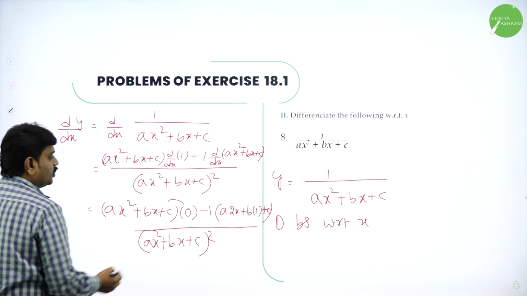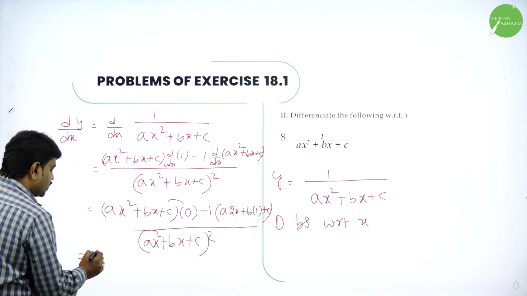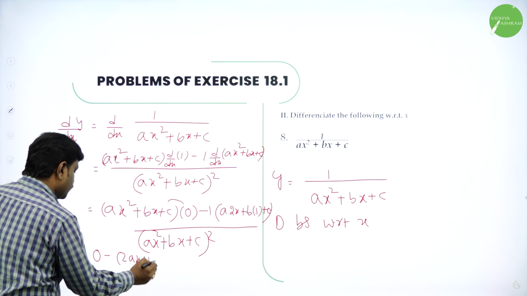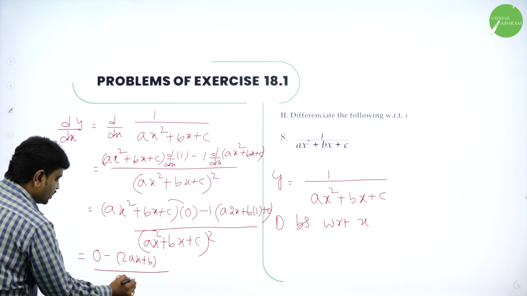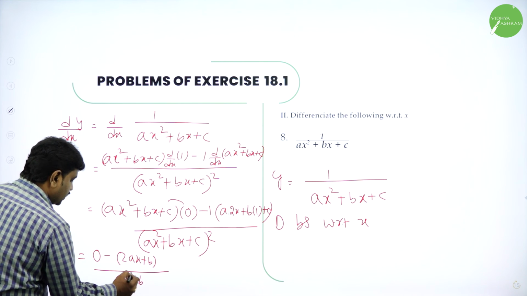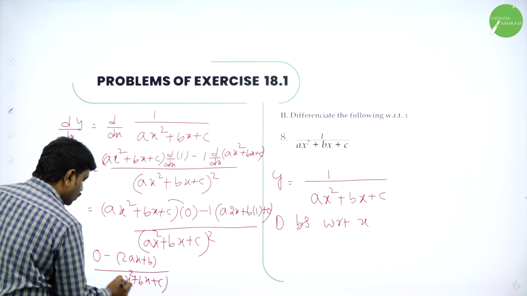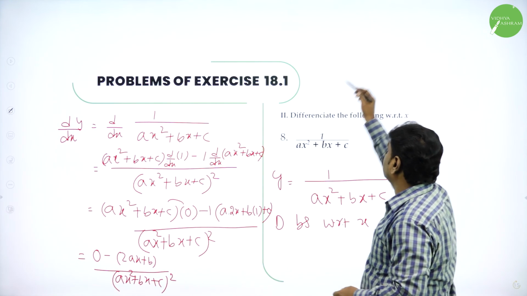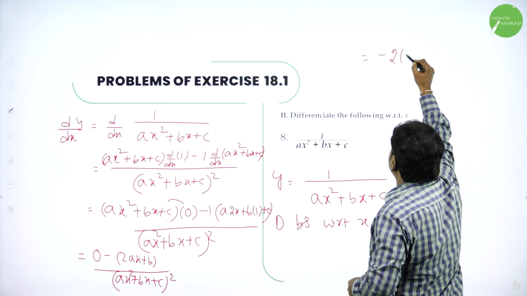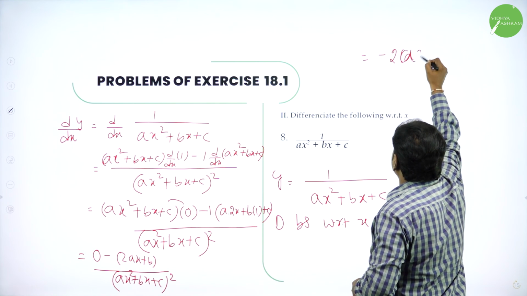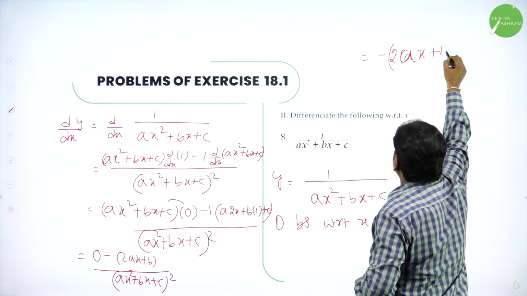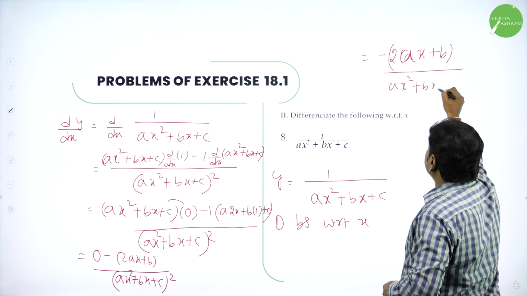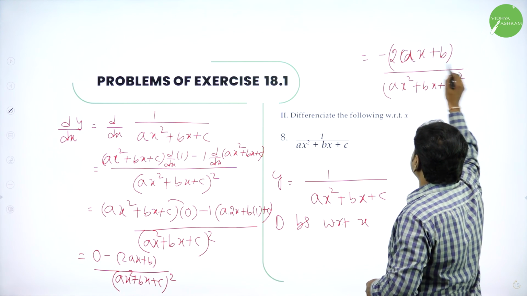Further, 0 into anything is 0, so this whole thing becomes 0 minus 2ax plus b, divided by ax square plus bx plus c the whole square. So the final answer you got is minus 2ax plus b divided by ax square plus bx plus c the whole square, or you can take minus inside also.